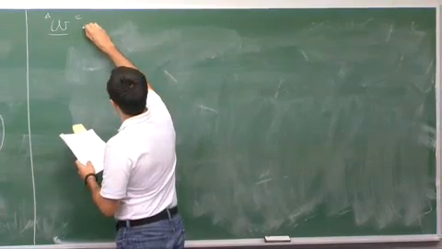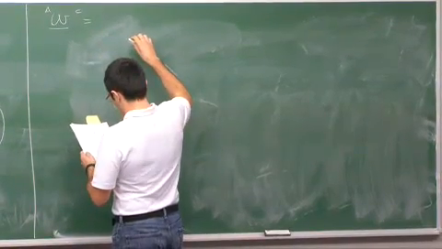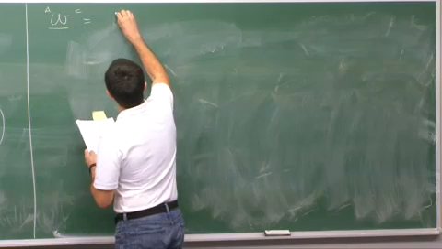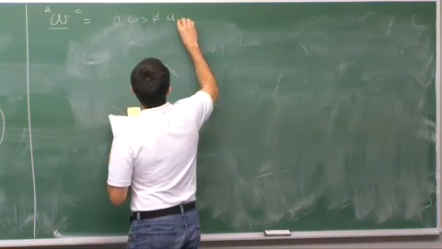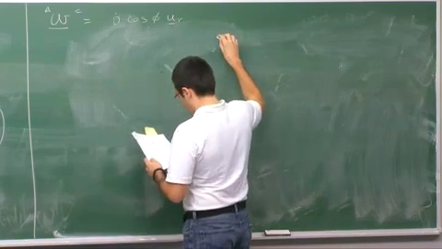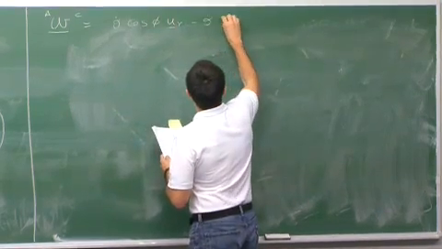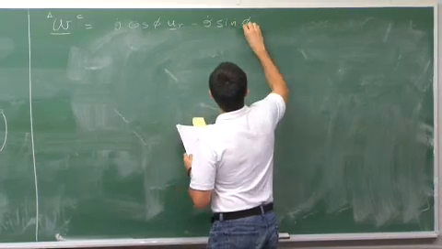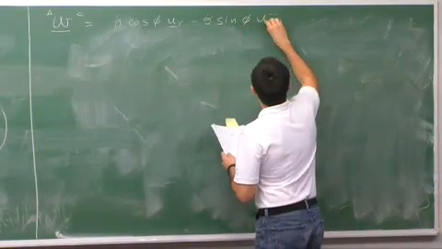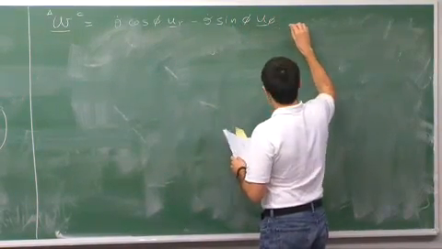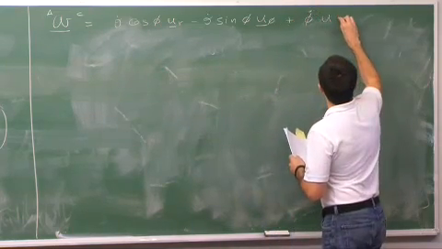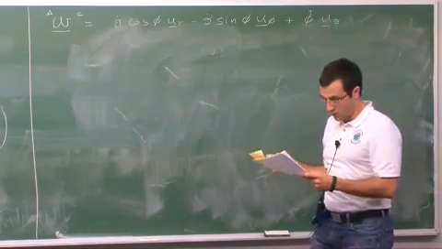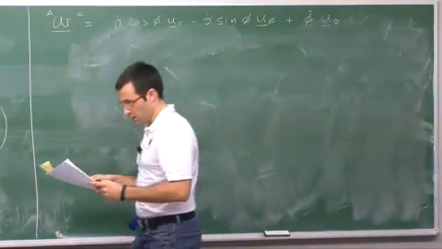The final result was the following: theta dot cosine of phi u_r, minus theta dot sine of phi u_phi, plus phi dot u_theta. Does it match with what you have? It should match, right?